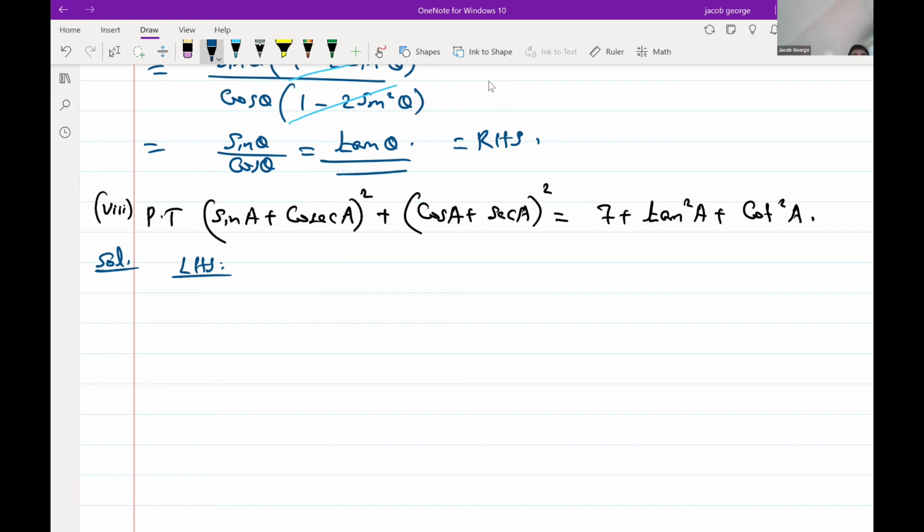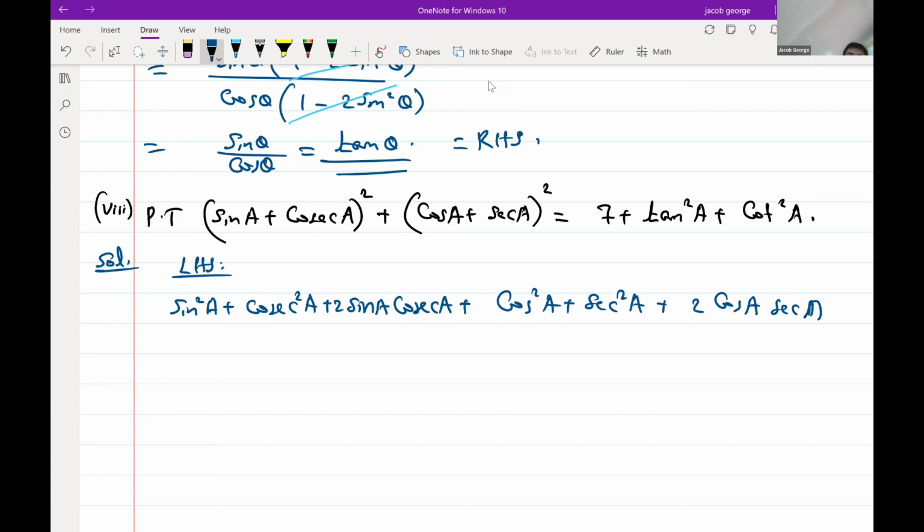I will write that form: sin square A plus cosec square A plus 2 sin A cosec A. The second term also you will write in that form: cos square A plus sec square A plus 2 cos A sec A. Is that clear? The first term is written in A square plus B square plus 2AB form, and the second term also in the same form.